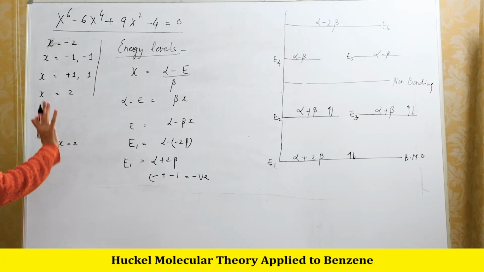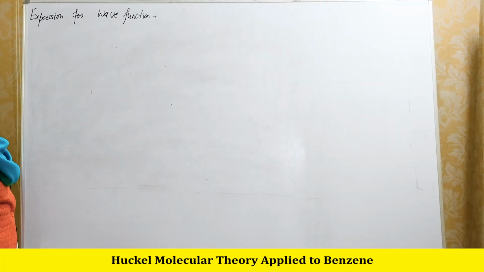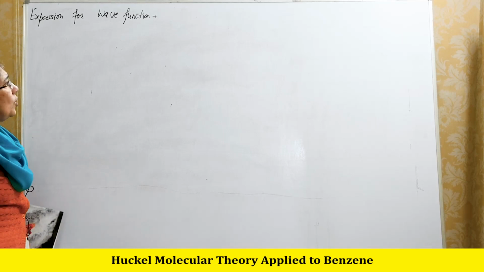Okay, now when we have calculated energy levels, now we come to molecular orbitals. We have got only 3 bonding molecular orbitals and 3 anti-bonding molecular orbitals.